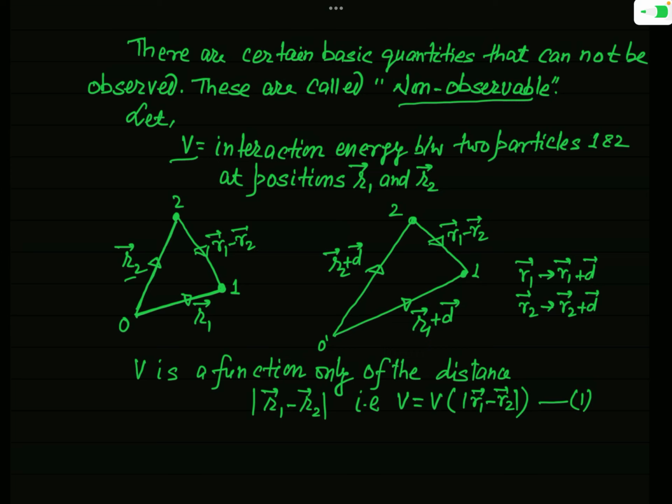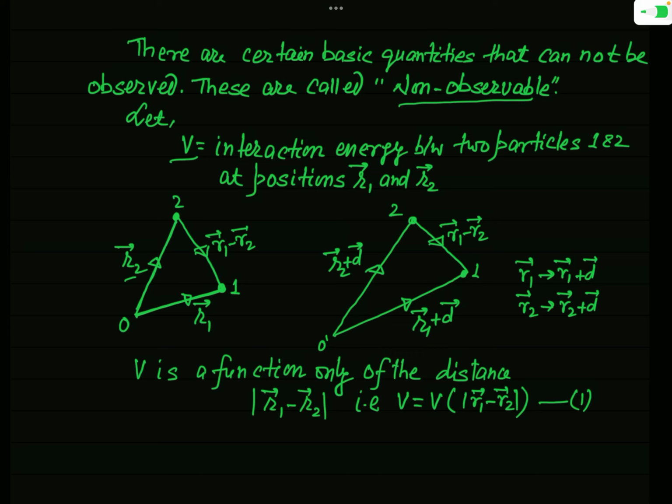The interaction energy should be independent of the origin, or in other words, the interaction energy V is invariant under an arbitrary space translation changing from O to O dash. You can see in this figure that I have changed the origin from O to O dash. I have shown this in a separate figure here.